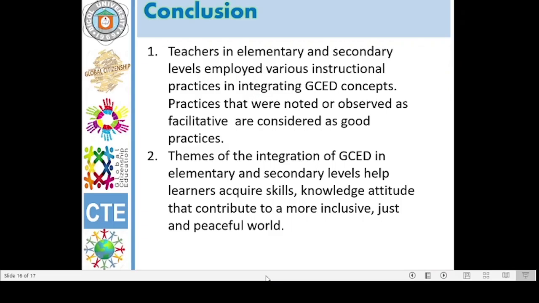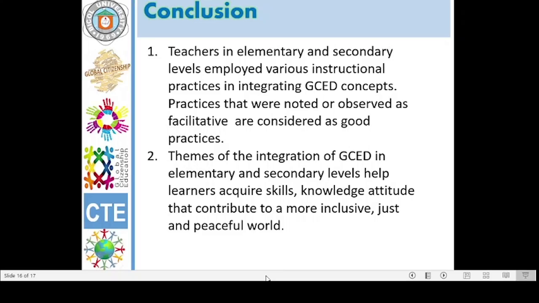So from this study, these are the key points, and thus these conclusions are formed. Number one, teachers in elementary and secondary levels employed various instructional practices in integrating GCED concepts. Practices that were noted or observed as facilitative are considered as good practices.